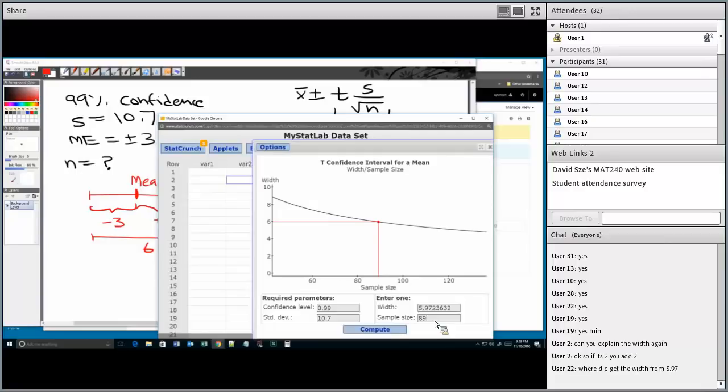I don't want to go too much into the detail of how it's doing that, but when it does that, it changes the width to come to a whole number. So it will never give you 89.6, for example. The sample size you may get when you do that calculation might be in decimal points, but instead of giving you decimal points, it gives you whole numbers and it changes the width a little bit to get to that whole number. That's what it's doing.